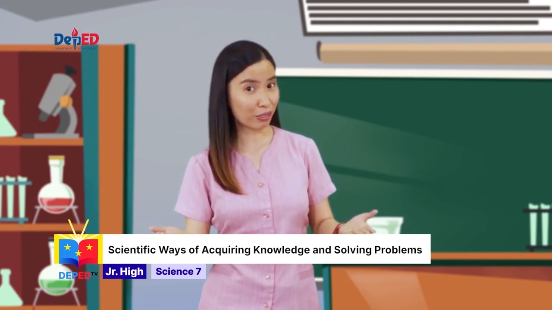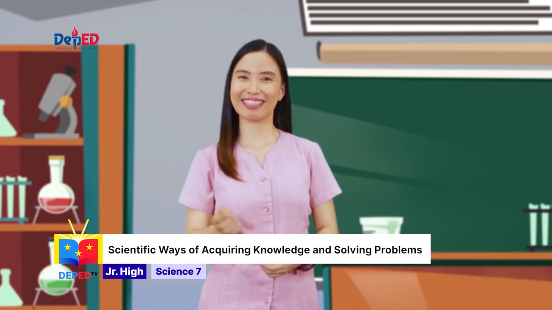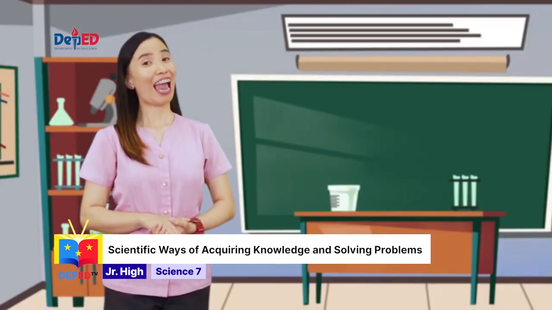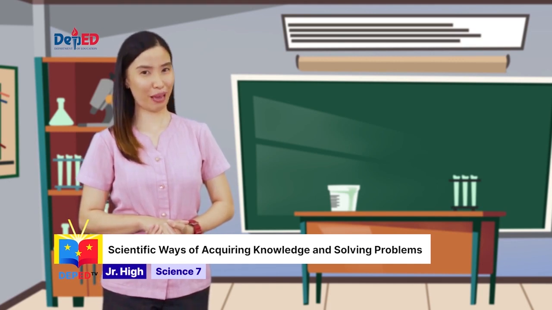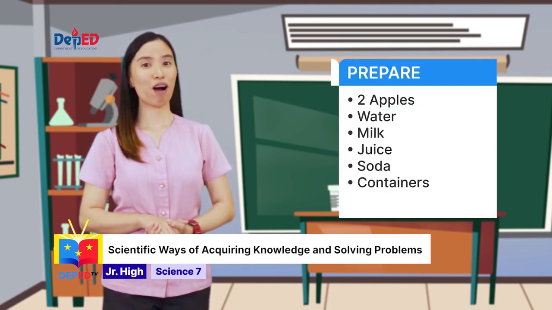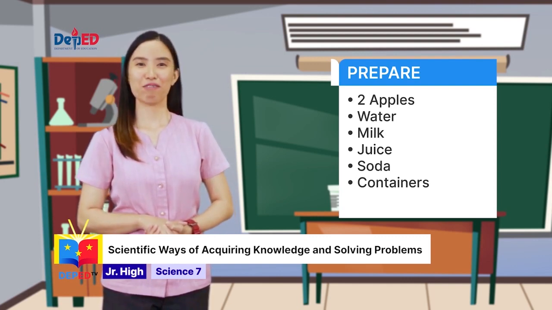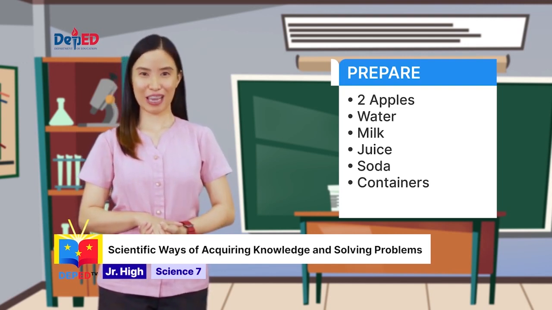Be a keen observer and a critical thinker. In preparation for the next episode, you may prepare 2 apples, water, milk, juice, soda, and containers.